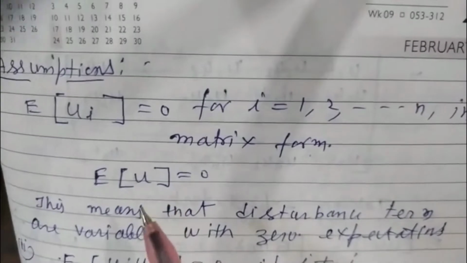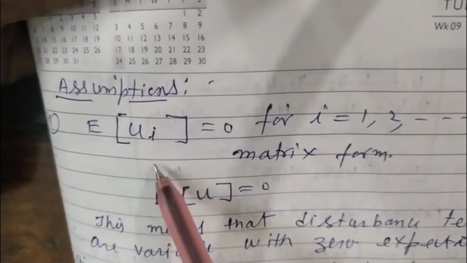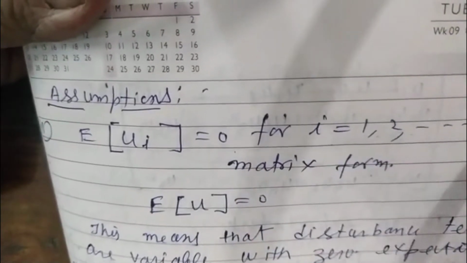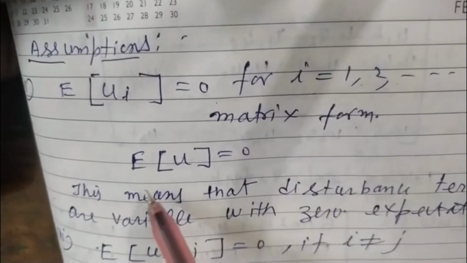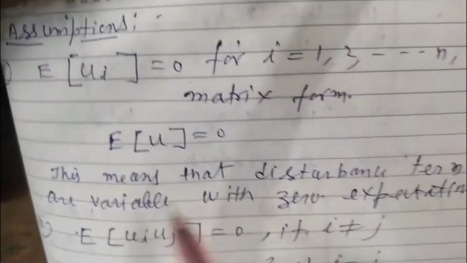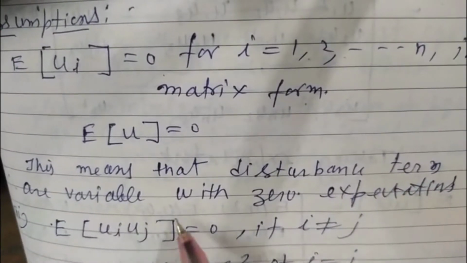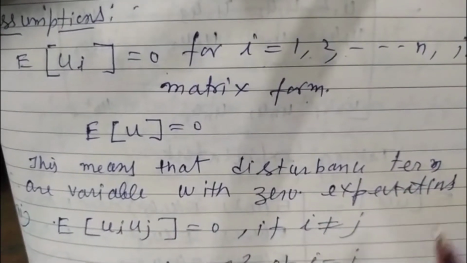Here, the previous assumptions we take in matrix form. E of ui is equal to 0 for i equals 1, 2, 3 up to n. In matrix form, the expectation of the u matrix is equal to 0. This means that the disturbance terms are variables with zero expectation.